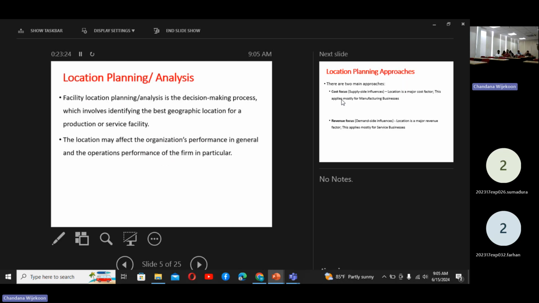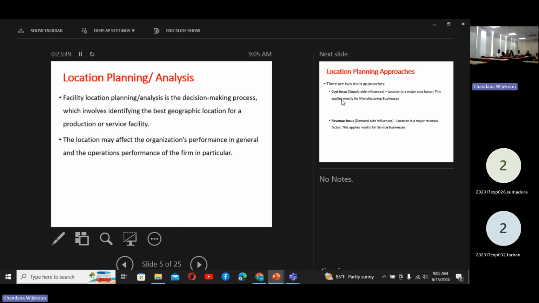Our simple understanding is that this decision is considered as location planning or location analysis. That can be described in this way. Go through it and check whether you can understand. It's a very simple description.